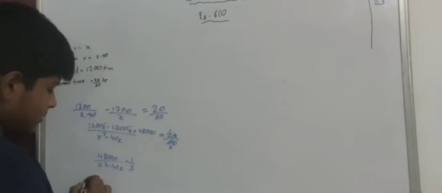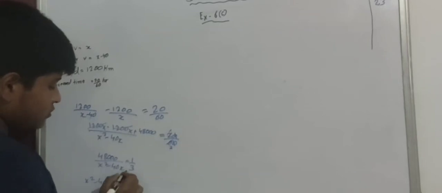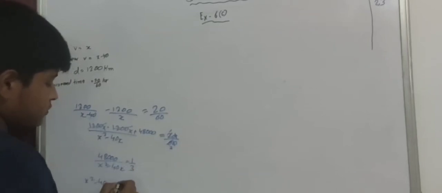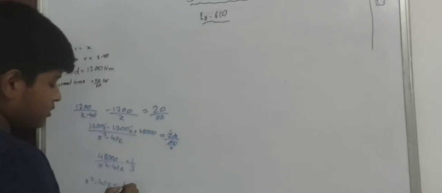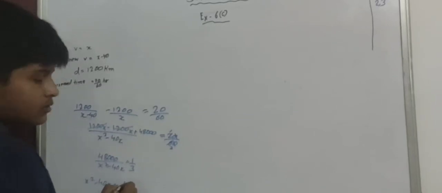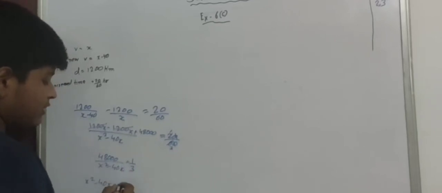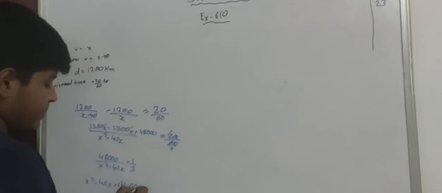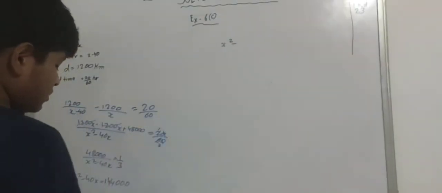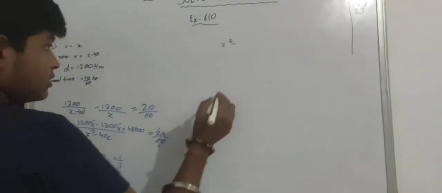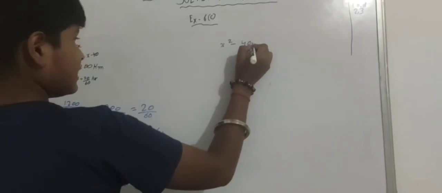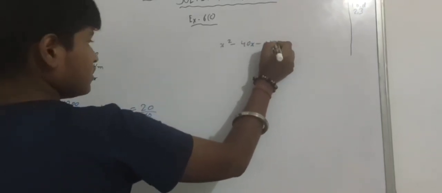So we will get x square minus 40x is equal to 3 into this. 3 times 48000 is 144000, so x square minus 40x minus 14400 is equal to 0.